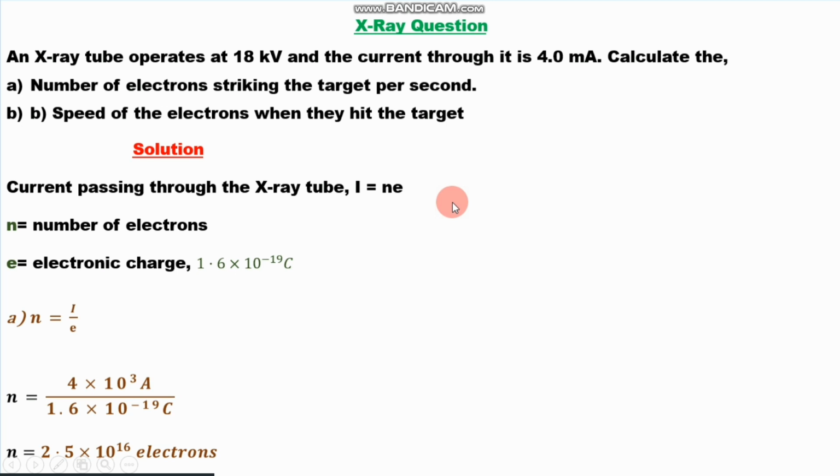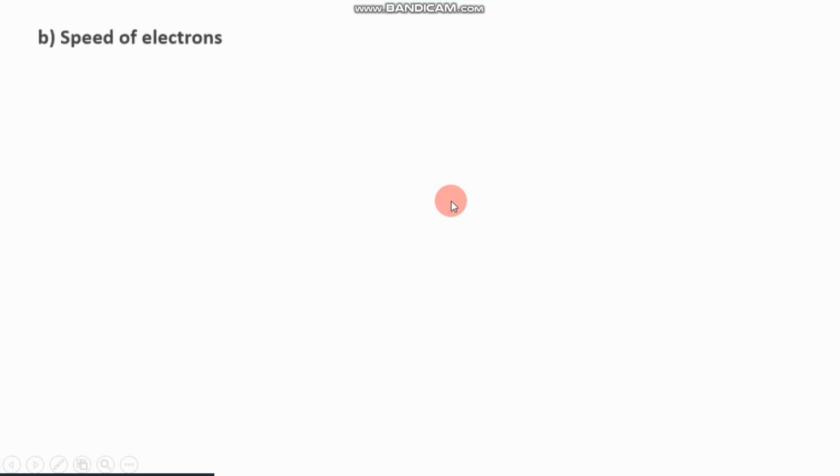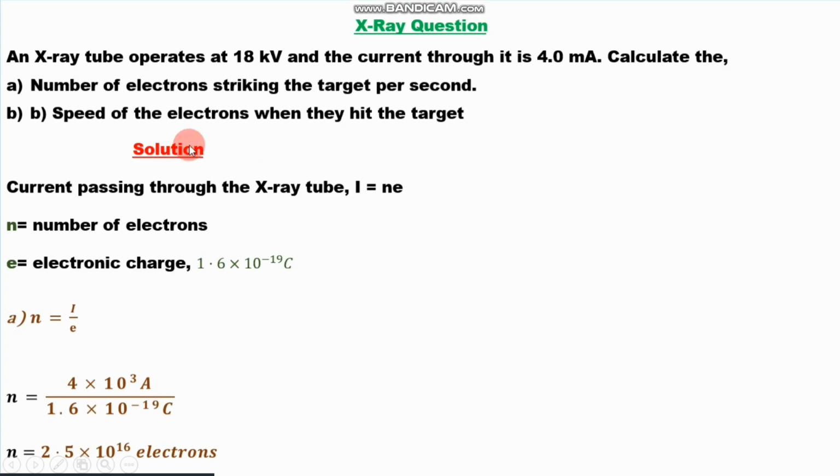Let us look at the second part of the question. You are supposed to find the speed of electrons. Remember, from this question we have an X-ray tube operating at 18 kilovolts. So this is a voltage that accelerates electrons to the target.